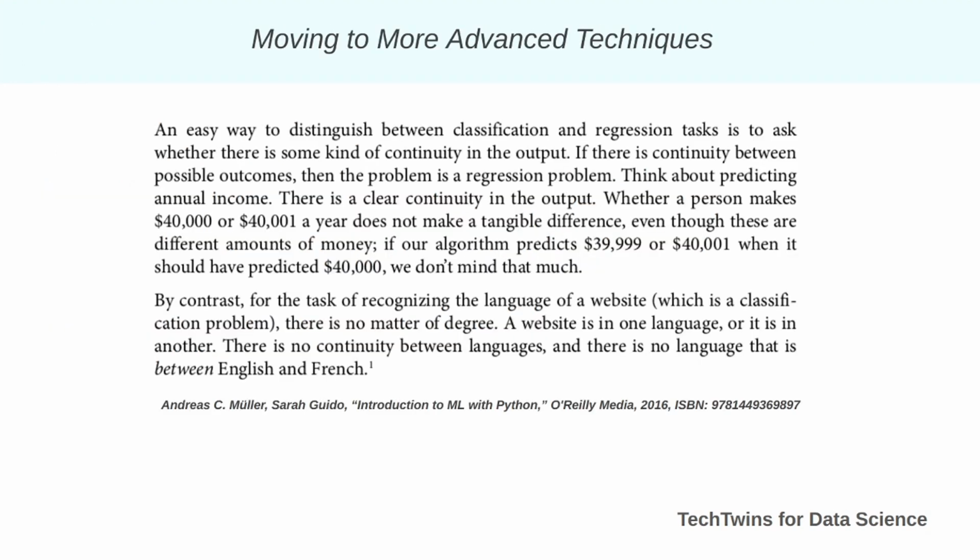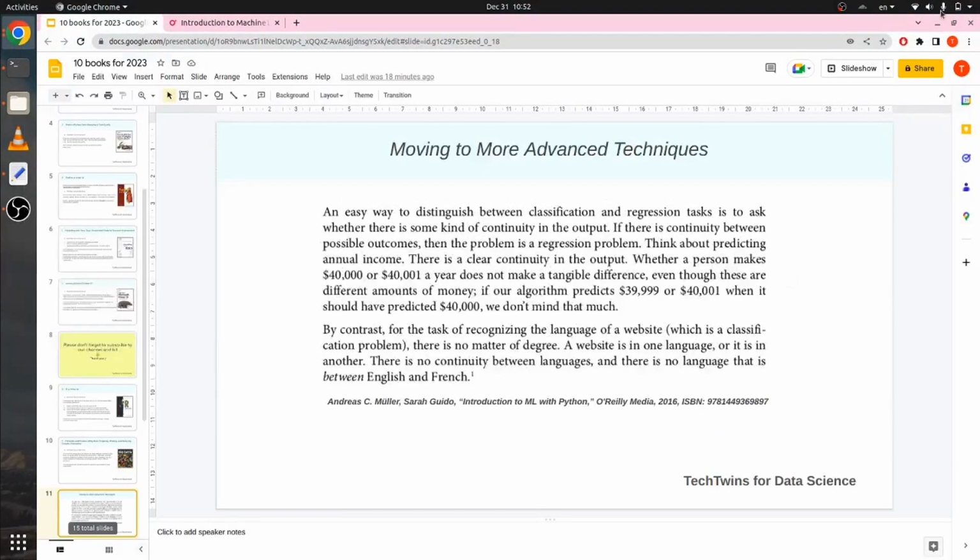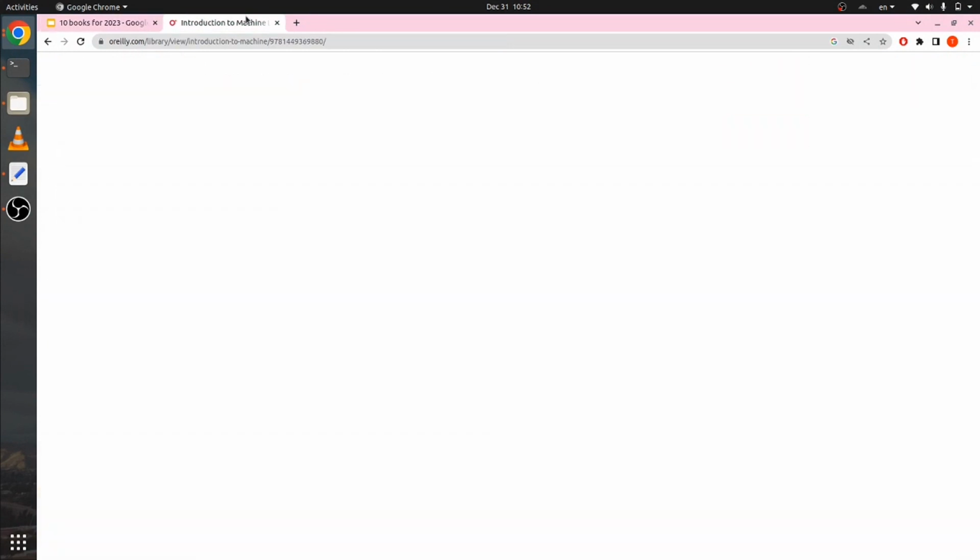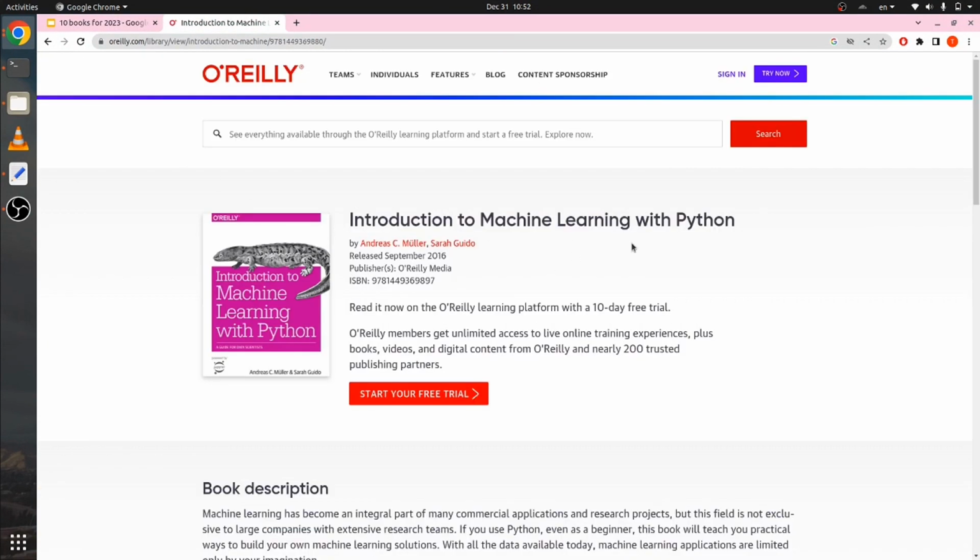Now we are moving to more advanced techniques, and I have this book, which is Introduction to Machine Learning with Python. I have mixed feelings about it because it has 2 parts: the theoretical side and the practical side. The theoretical side is super inspiring and elegant in a very clever way.